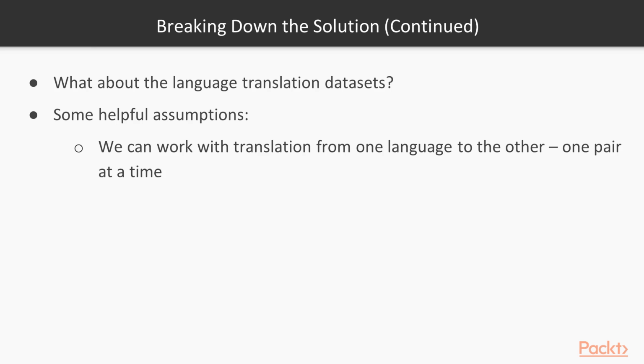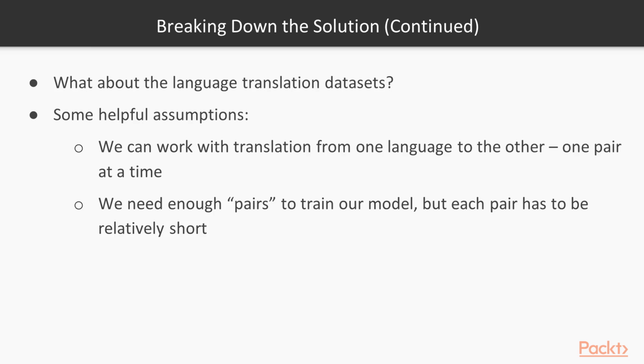One of the first assumptions, very obvious, but when you don't realize it, it might be a bit confusing, is that we can work with just one pair of languages at a time. With one pair of languages at a time, we can train models just on the mapping between two languages. Then we need to have enough pairs of those languages, and often that means quite a lot of them, but each pair is relatively short.